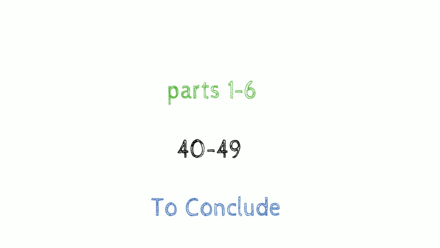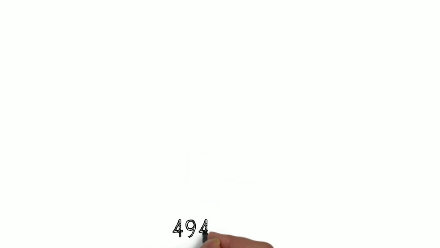With that said, let's look at an example 6-digit number to practice what we've learned in this video. The number is 494,142. We can quickly and vividly remember this number using the peg words we formed for numbers 40 to 49. Let's use my peg list to memorize this 6-digit number.